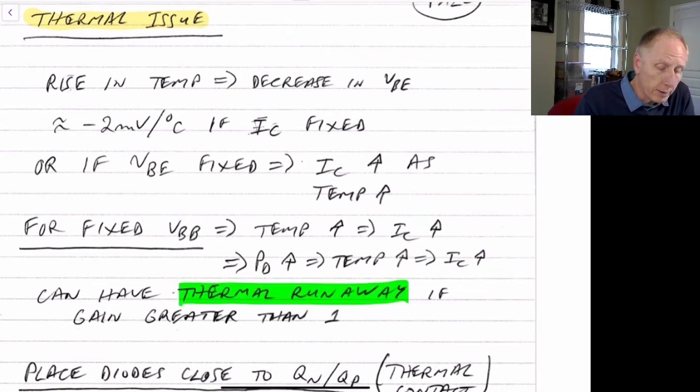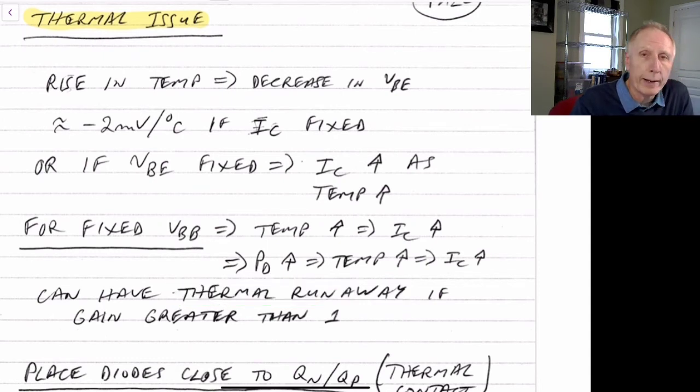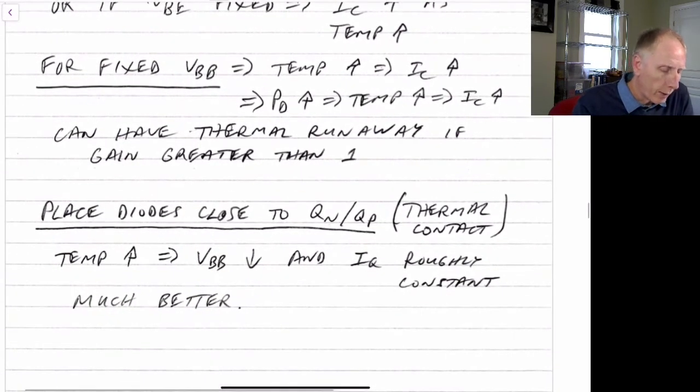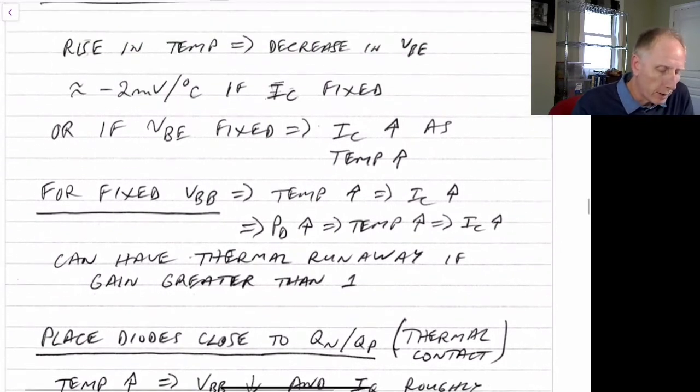If this is a positive feedback loop, and if the gains happen to be greater than 1, it could end up actually running away and getting hotter and hotter and hotter until the device becomes damaged. The way to get around that, and remember, these are power transistors, so power transistors are going to generate a lot of heat.